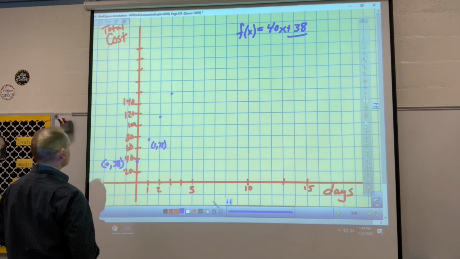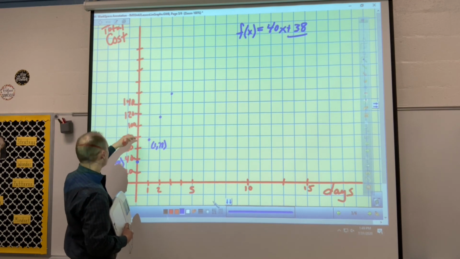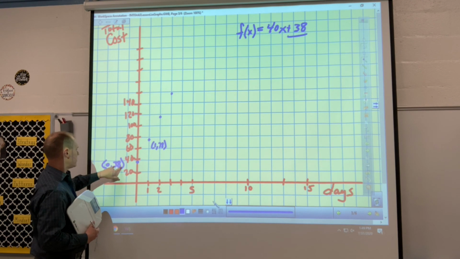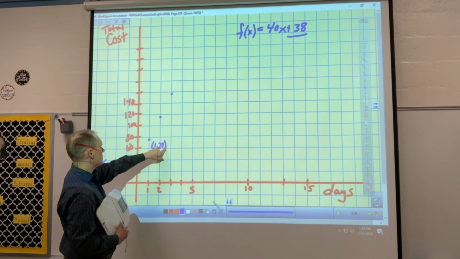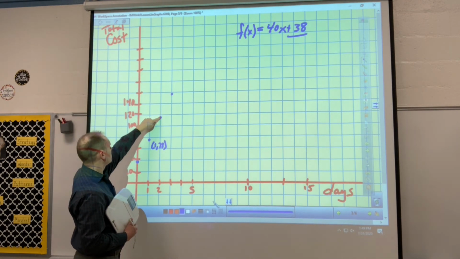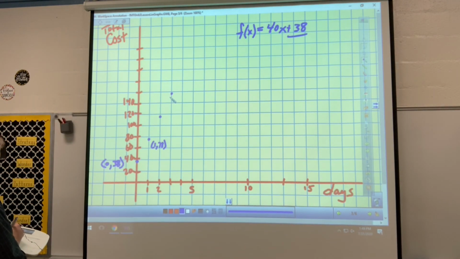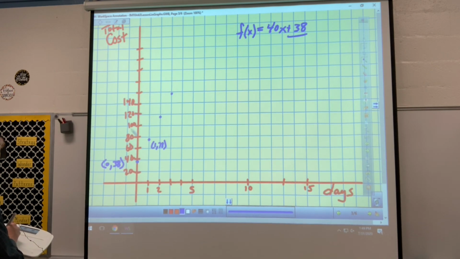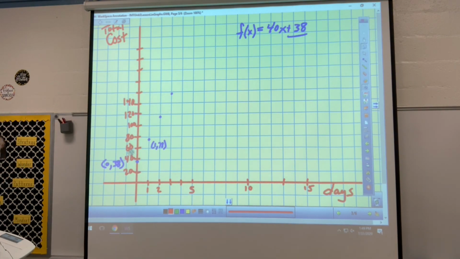Let me double check my numbers here. 38 plus 40 is 78. Plus 40 is 118. Plus 40 will be 158. So yeah, right in there. Okay. So from there, we can think about connecting these points here.